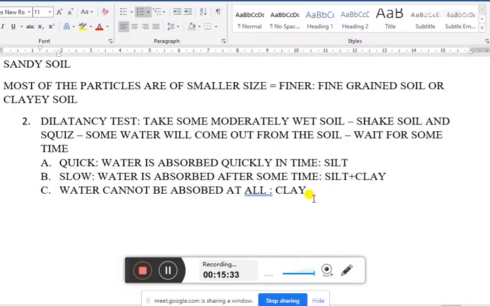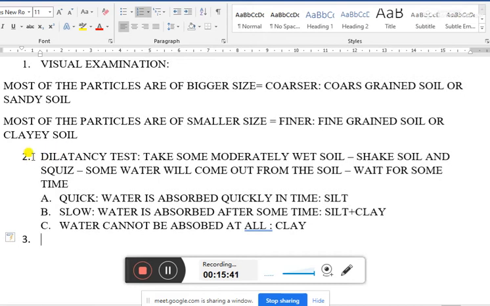Next, going to the next test, number 3, and please remember that all these tests starting from number 2 are for when you have concluded from the visual examination that the soil is clay soil or fine grained soil. These tests are not for coarse grained soil or sandy soil.